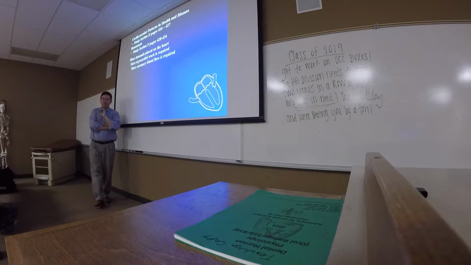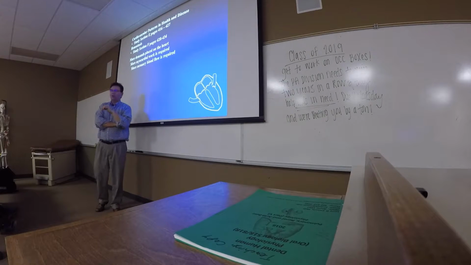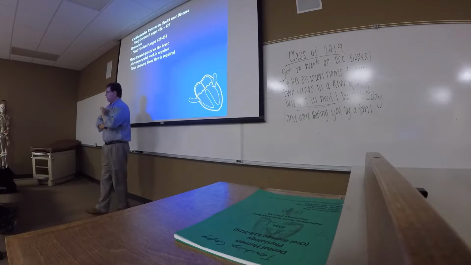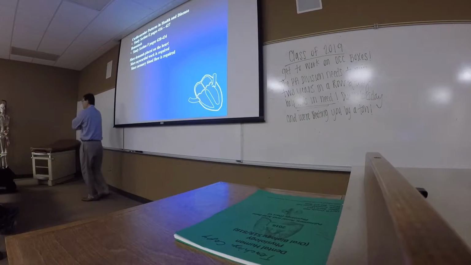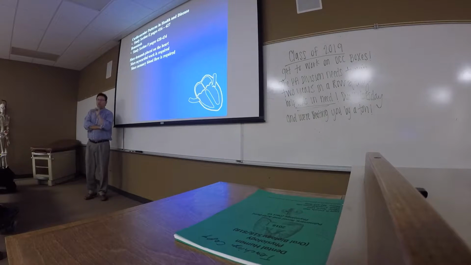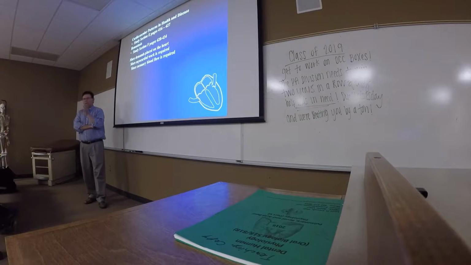Hypoxia is insufficient oxygen. So myocardial ischemia is insufficient blood flow, and if it persists it will lead to tissue hypoxia, in this case myocardial hypoxia.